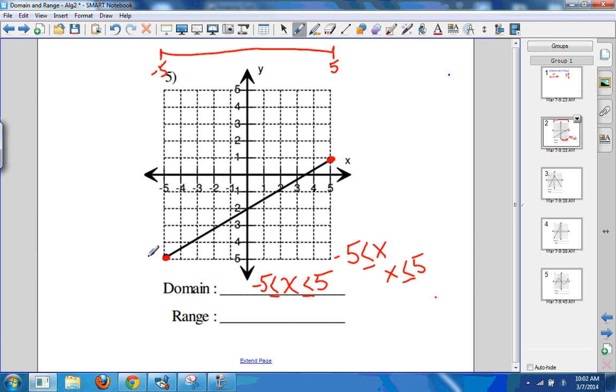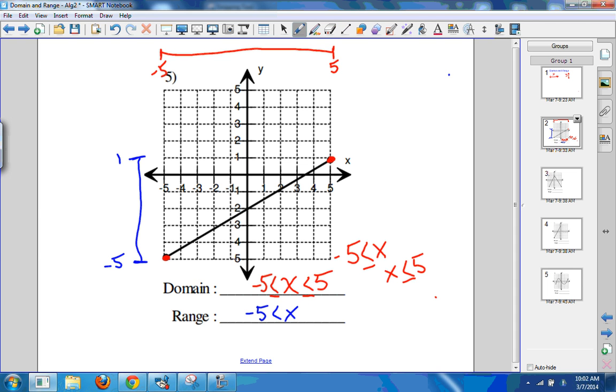So the range, it looks like this. Starts down here at -5 and it goes up to +1. All right. So we always want to start with the lowest one first. So we have -5, and this would read that X is greater than -5. So we want numbers that are bigger than -5.